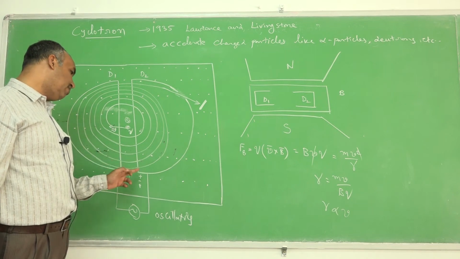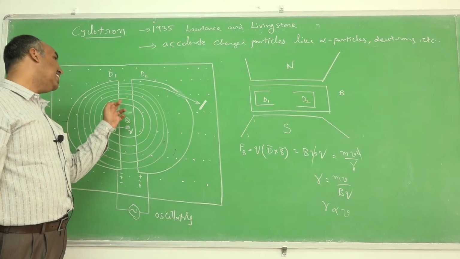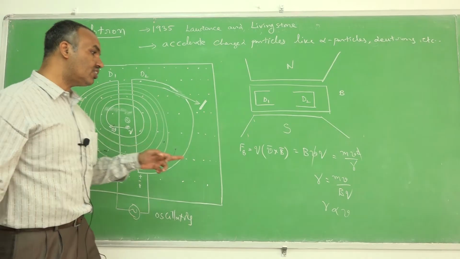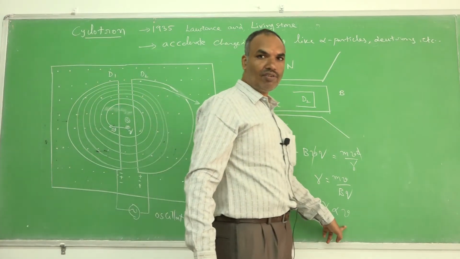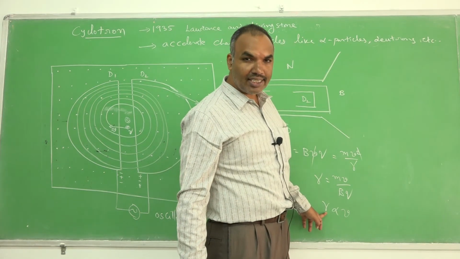Continuously the electric field which is oscillating between the two D's is accelerating the charged particle. Once the charged particle is getting accelerated, its velocity is going to increase. As the velocity of the particle increases, the radius of the path followed by it also increases.